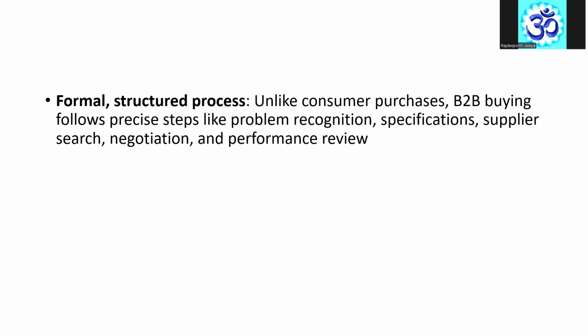I need to arrange the budget, and I need to talk with the team regarding that. So in organizational buying behavior, we have problem recognition, then specification, then supplier search, then negotiation on the prices, and then we have to check the performance of the product that we have bought.